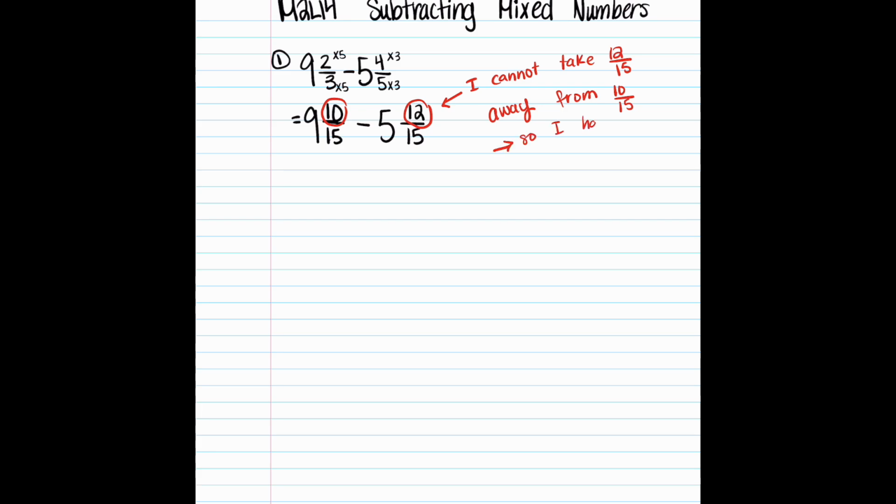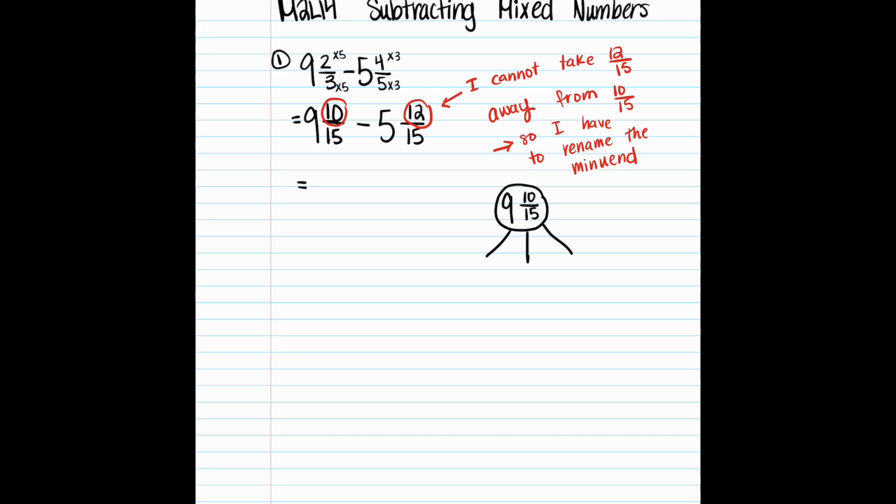So I have to rename the minuend. Okay, so I'm going to go ahead and do that here. I'm going to rename this 9 and 10 fifteenths by decomposing it, okay?